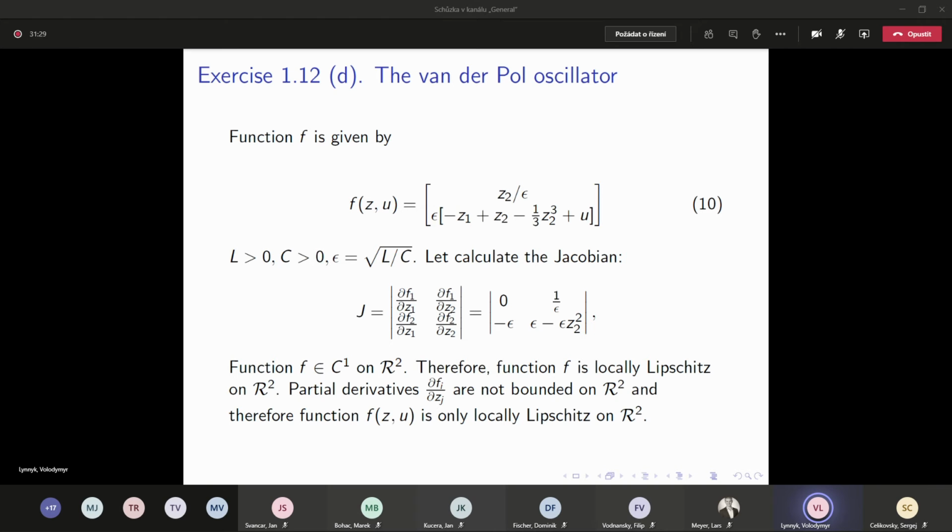Okay, the next example is the negative-resistance oscillator.